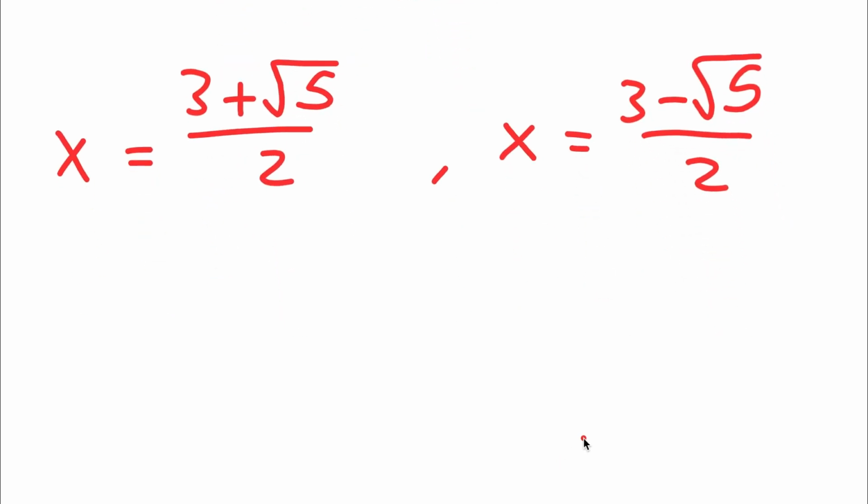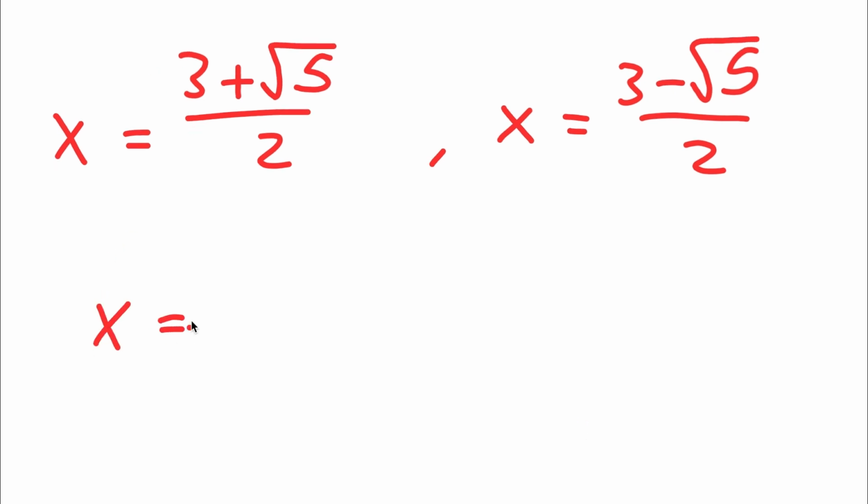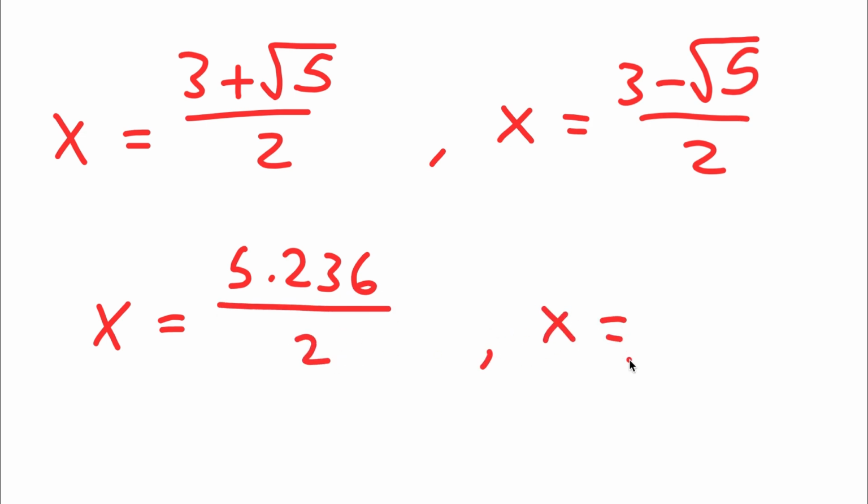And now what I'm going to do is, remember, we want the exact value. So I can actually plug these values into a calculator. So I have x is equal to 3 plus the square root of 5. 3 plus the square root of 5 is equal to 5.236 over 2. Before that, let's actually just divide this by 2.